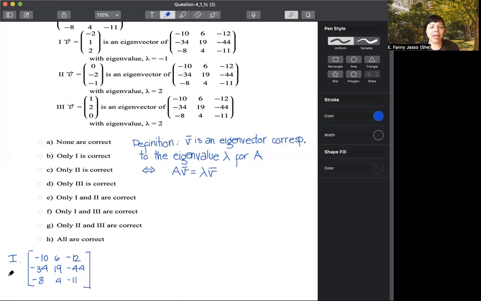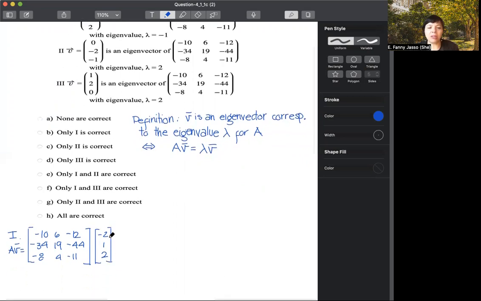So when I do A times V, my given V is the vector -2, 1, 2, which I can see is a 3x1 matrix. And we just need to do this computation.